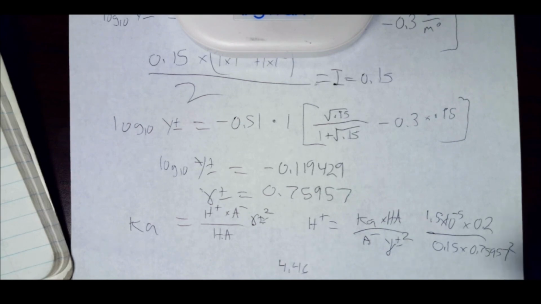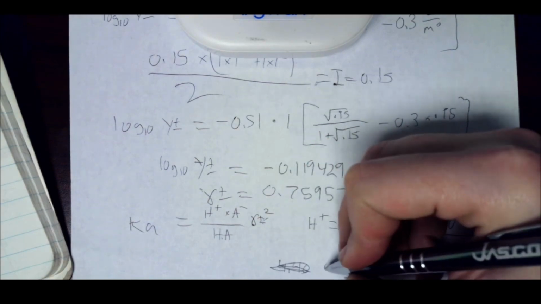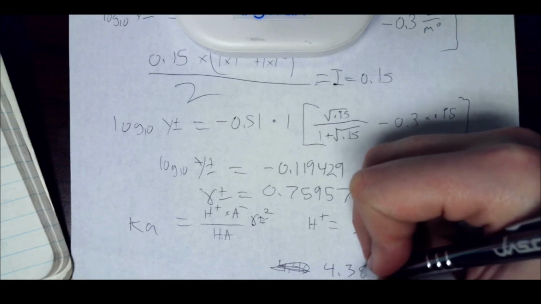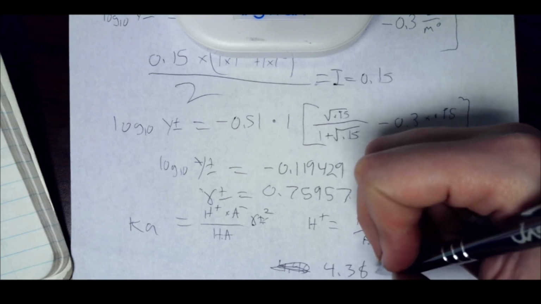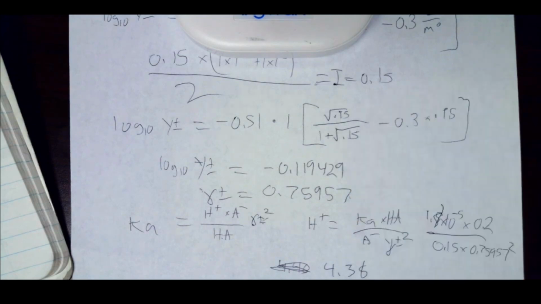I used the wrong Ka; it's 1.8. So 1.8 times 10 to the negative fifth times 0.2 divided by 0.15, divided by my activity coefficient 0.75957 squared. Negative log of that, you get 4.38.